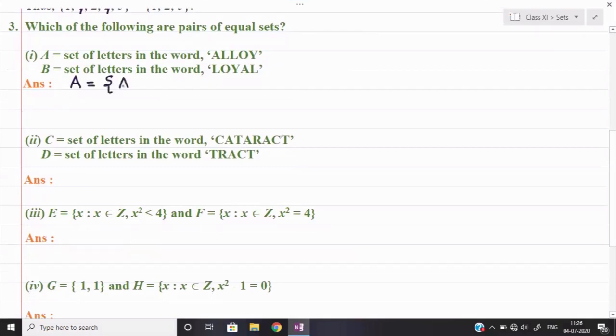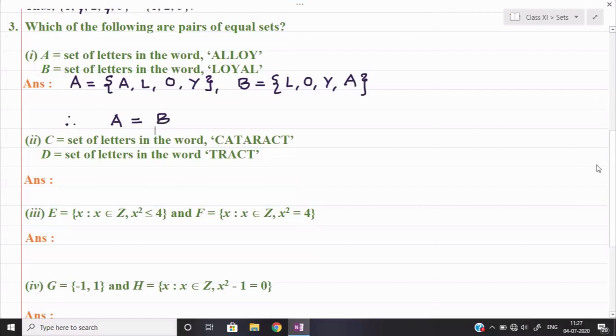So first element is A, second is L, third one is O and last one is Y. Similarly, if I list out the elements of set B, that is L, O, Y and then A. Again L is coming, that we shall leave it. So observe here A is coming, here also A is coming. Y and O are here also and there also. And in the same way L is given to us. So we can say that A and B are equal sets.